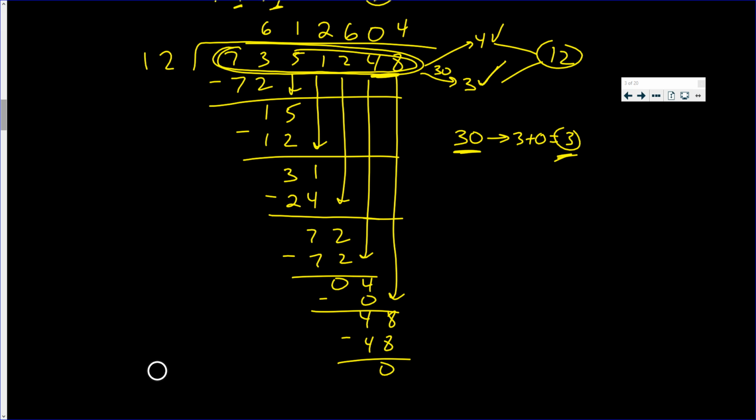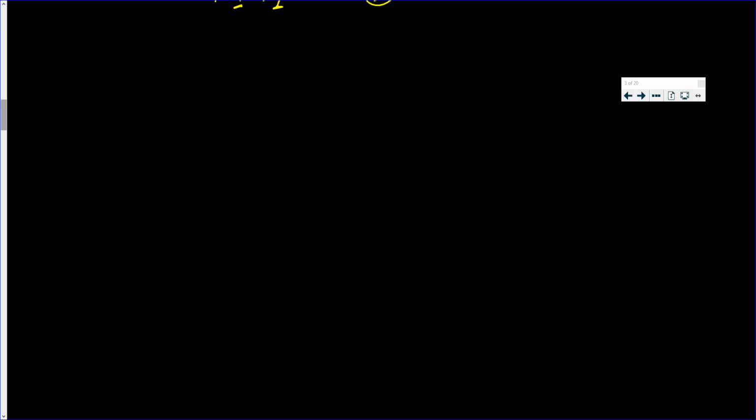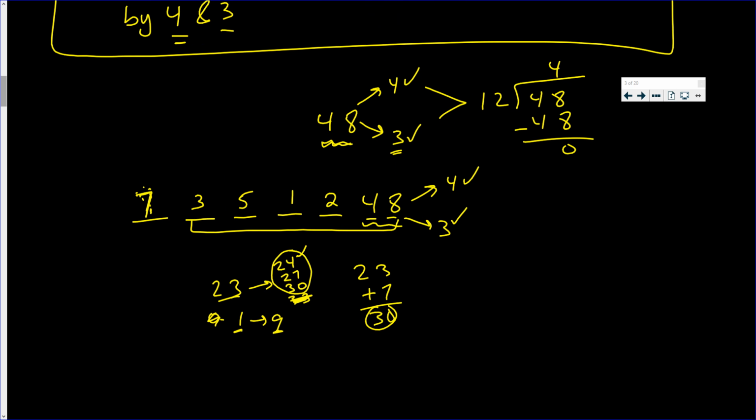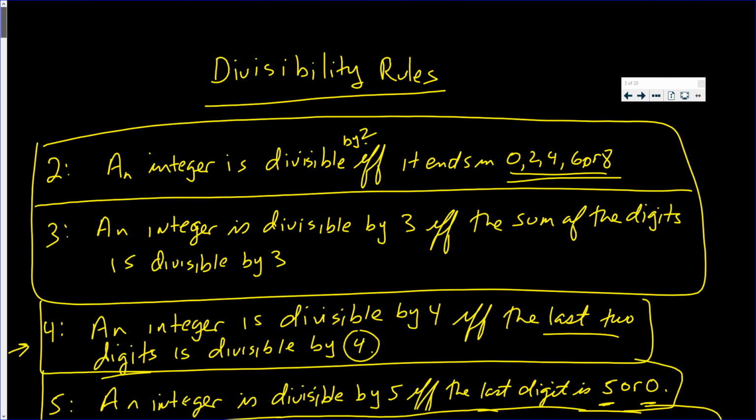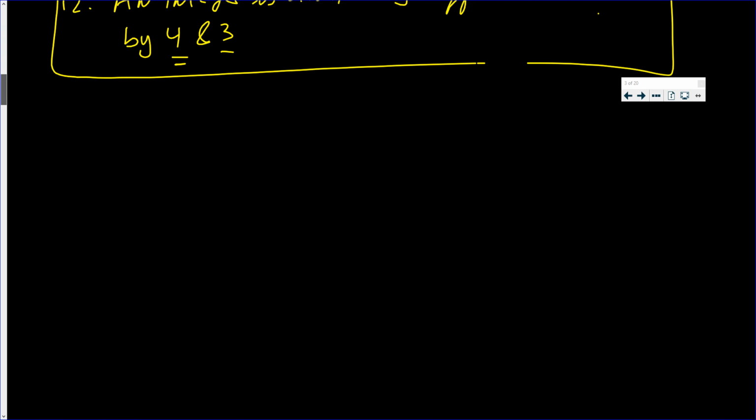Okay, so let me just erase this a little bit. Got all the rules up here, 2 through 12. Now, suppose you have the following. 75 divided by 102. 2 is not divisible by the top number.